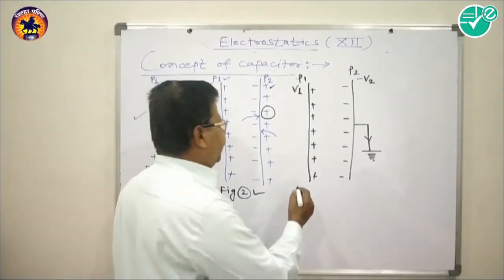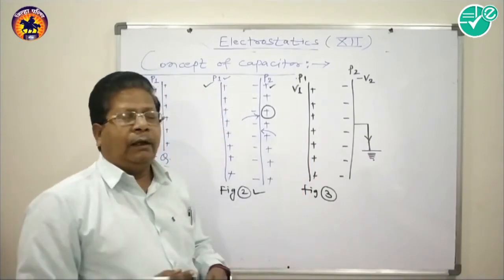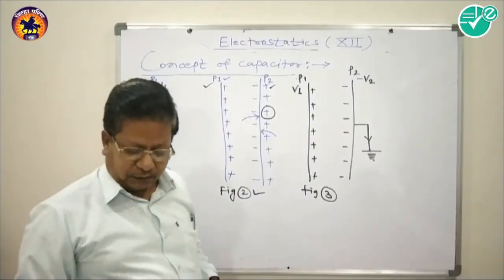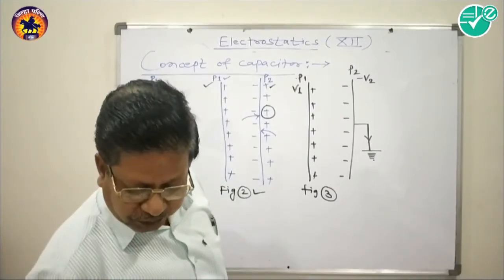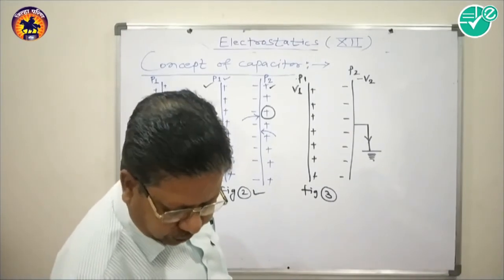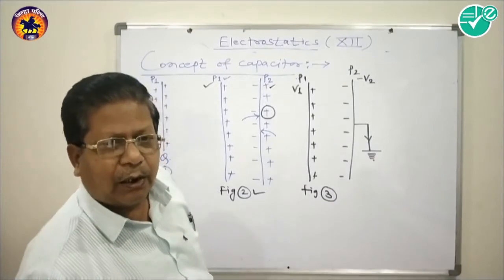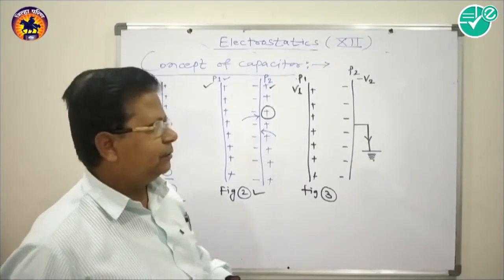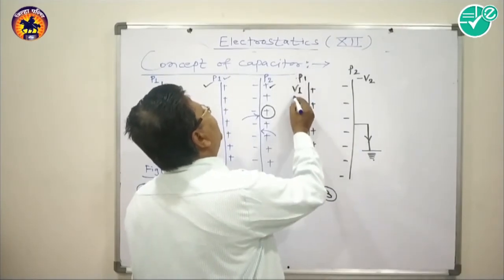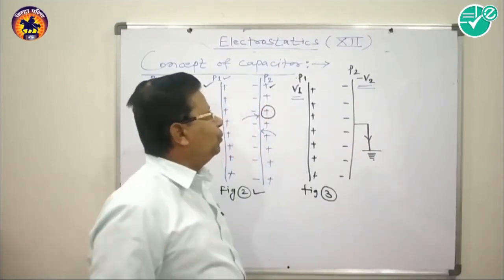Now in figure 3, when another plate is connected to earth, the charges present on the outer surface of plate P2 escape to the earth, and hence for figure 3 the potential of plate P1 is V1 and the potential of plate P2 is V2.